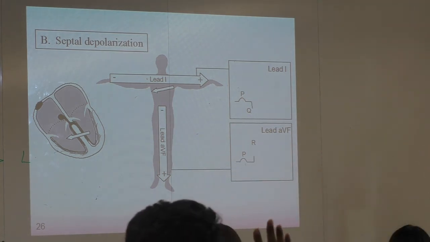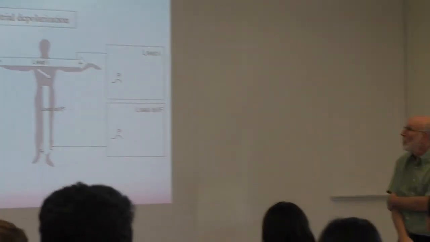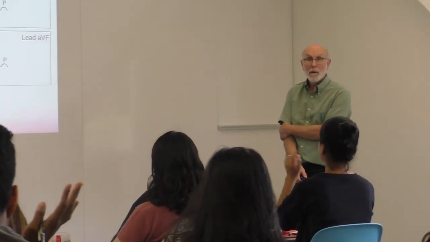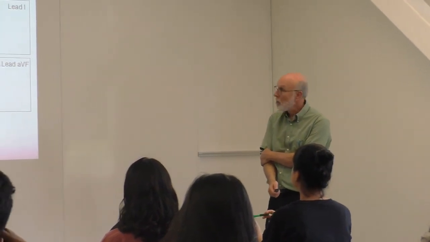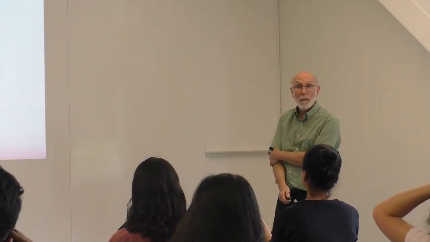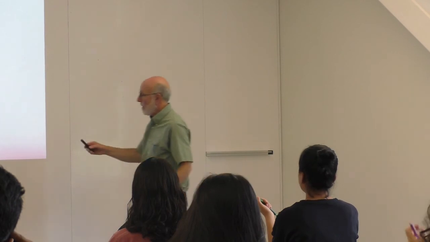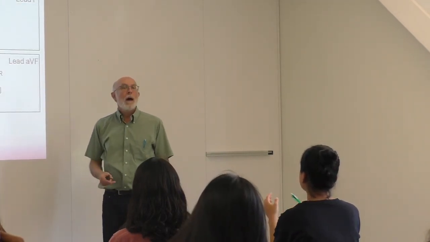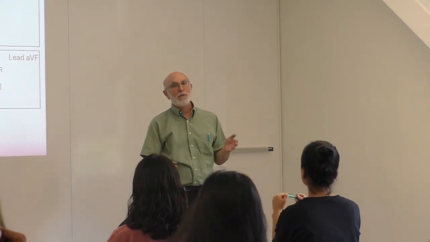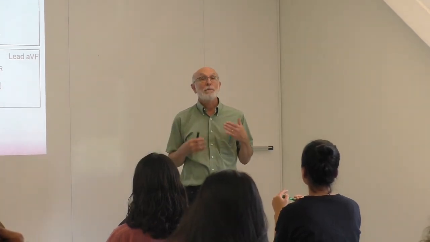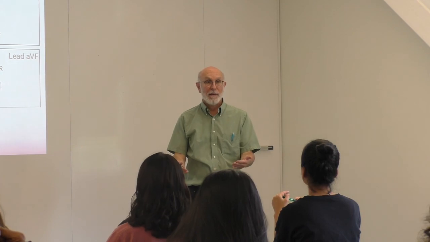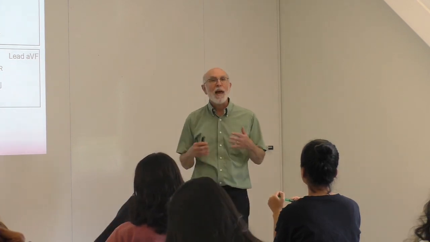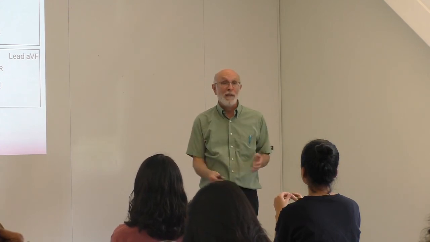One more? Yeah, and here it is pointing kind of downward. This is trying to illustrate the fact that there is person-to-person variability. Not everybody's vectors are the same, and so there's going to be variability here.